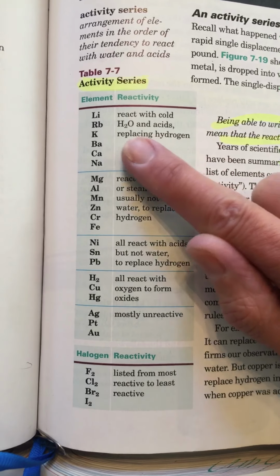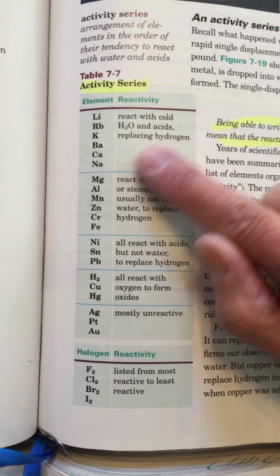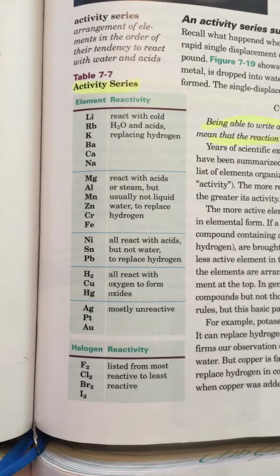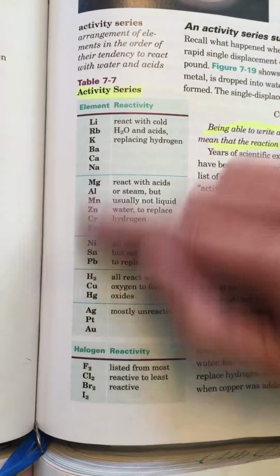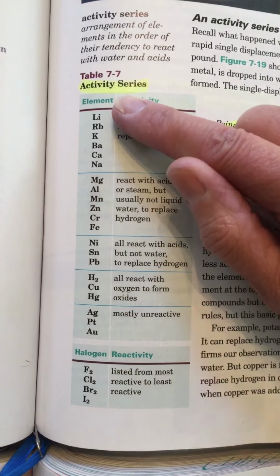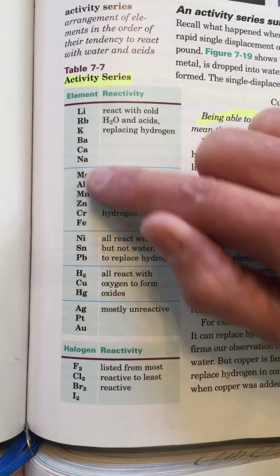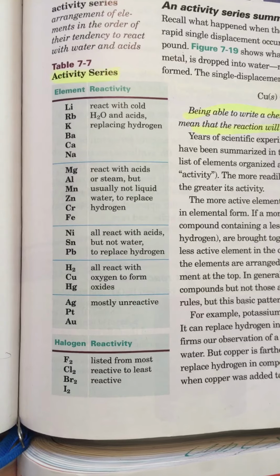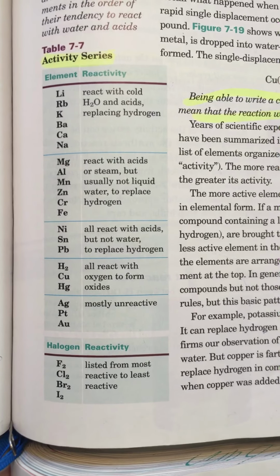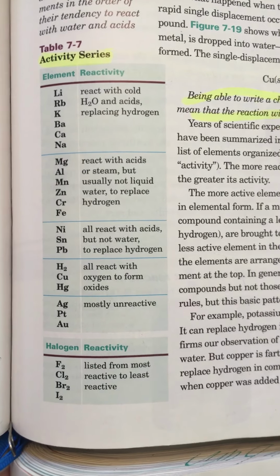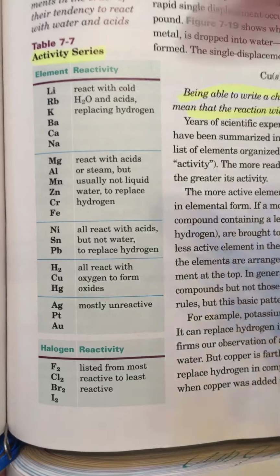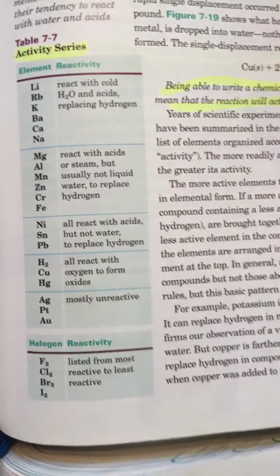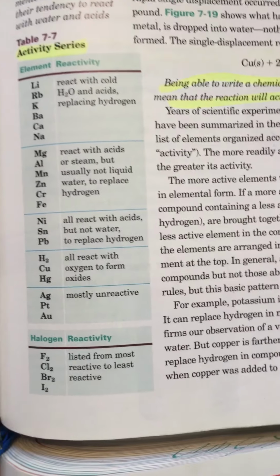Whether or not hydrogen can be replaced depends on whether or not it's in an acid or not. And that's what this is right here. But just in general, metals can replace another one if it is higher than the other metal. Okay, so that's the first thing. And I do teach that to my regular chem as far as this activity series, but the acids part I usually don't. That's usually more an honors thing.